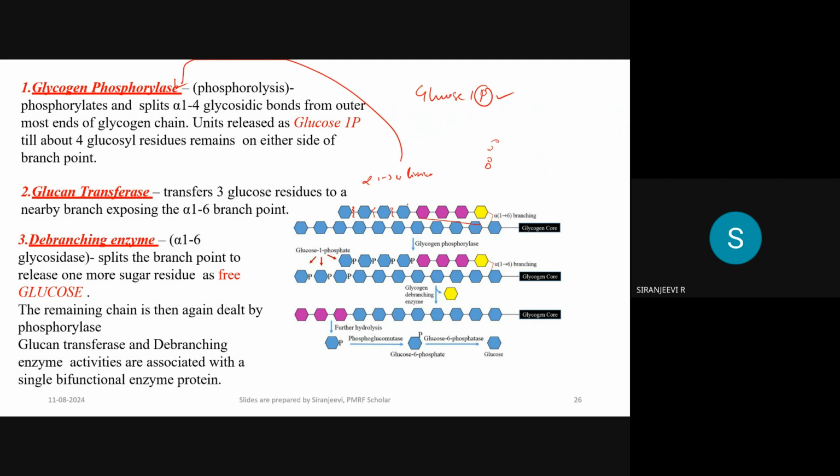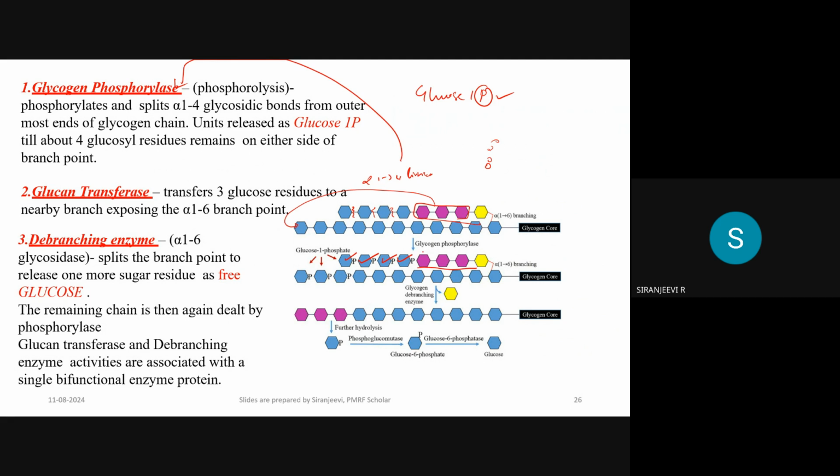Then after this happens, the glucan transferase will come. What it will do is transfer the 3 molecules at the branching point to the already existing linear chain. Here you see we are always getting glucose 1 phosphate until the last 4 glucose residues in the branch.